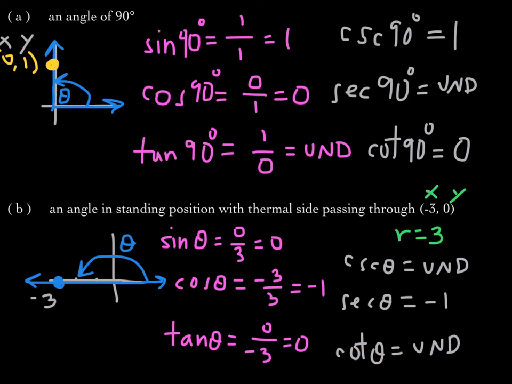I hope you see a pattern here. Whenever we are finding trig functions of quadrantal angles, we're either going to get 1, negative 1, 0, or undefined. Those are your four options for function values of quadrantal angles.